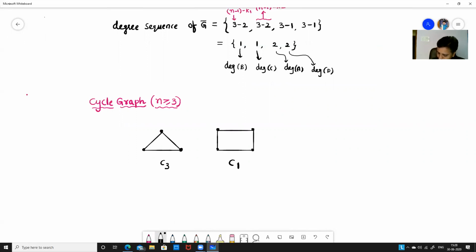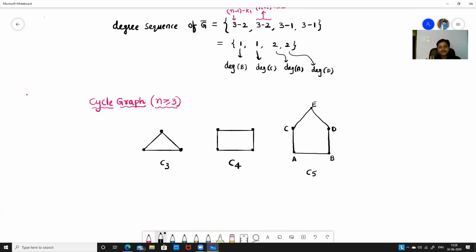So this is the structure of C4. And this is C5.